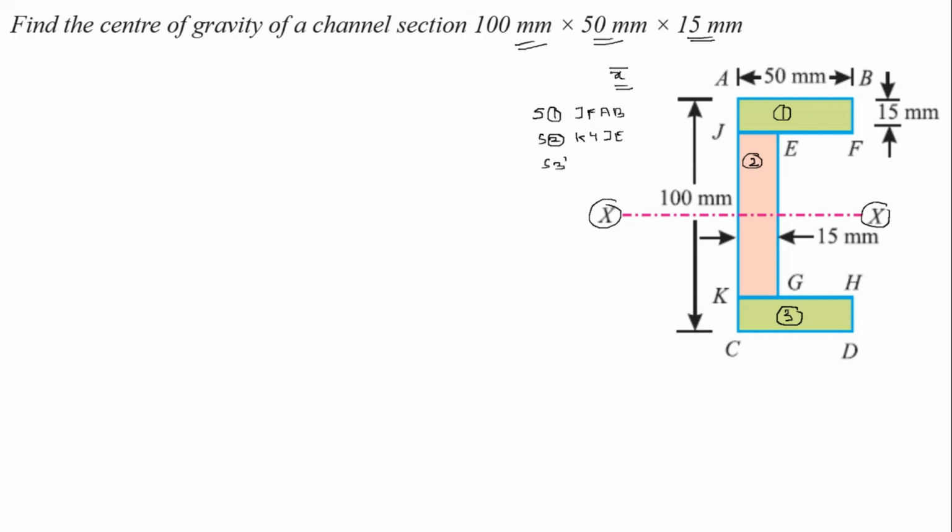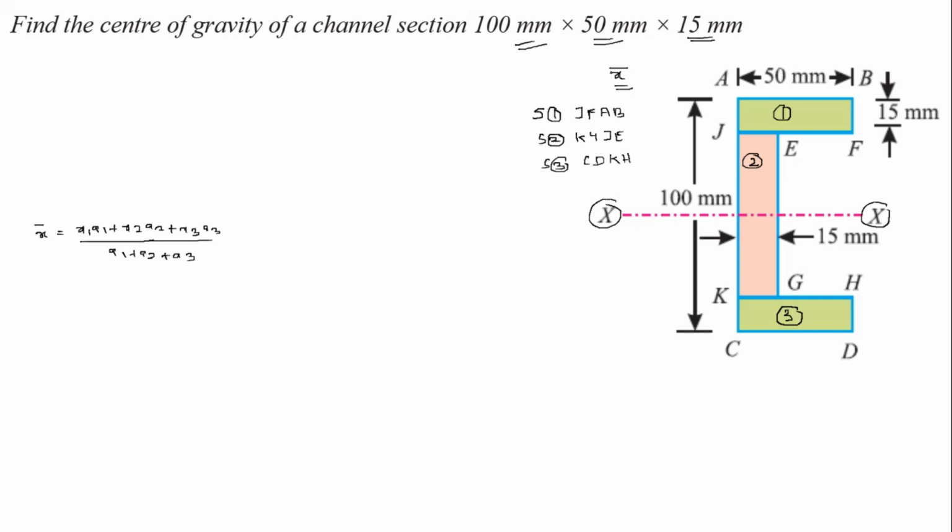Section 3 is CDKH. So what is the formula for x bar? We know that x bar is equal to x1 A1 plus x2 A2 plus x3 A3, divided by the sum of the areas A1 plus A2 plus A3.